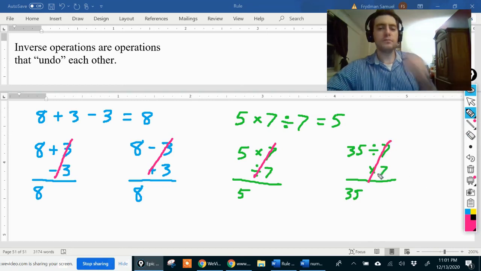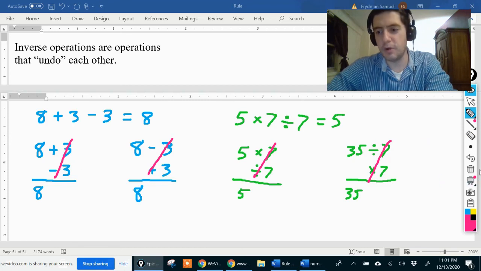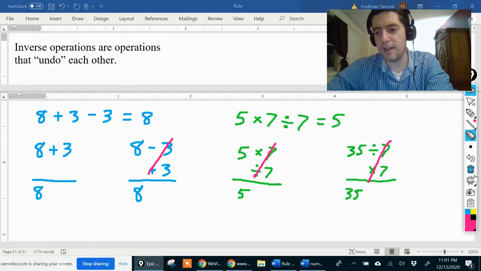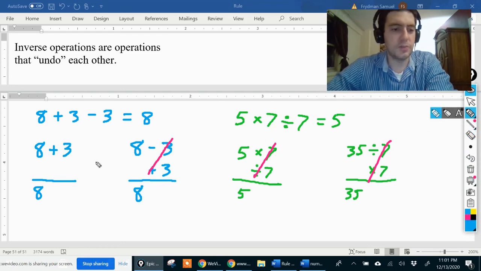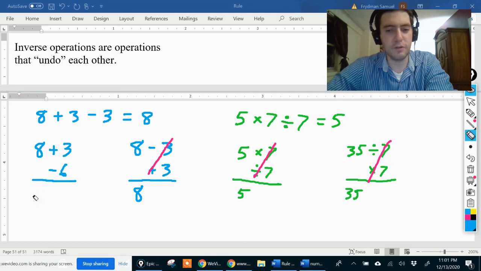Now, something else that I'll mention, obviously, the number that I add has to be the same as the number that I subtract. So for example, if I add 3 and then I subtract 6, 8 plus 3 is 11. 11 minus 6 is 5, right?